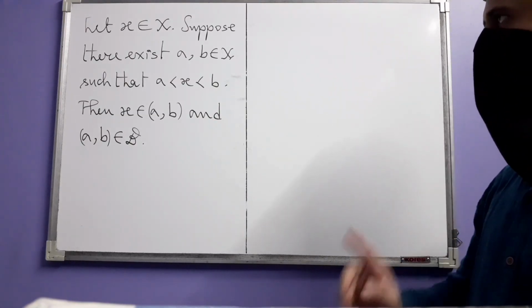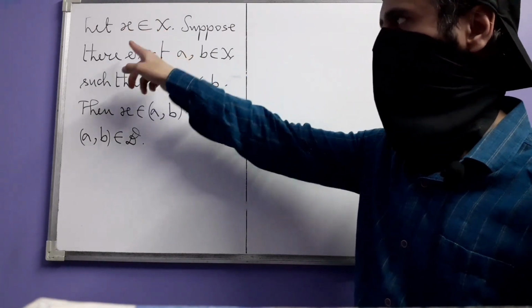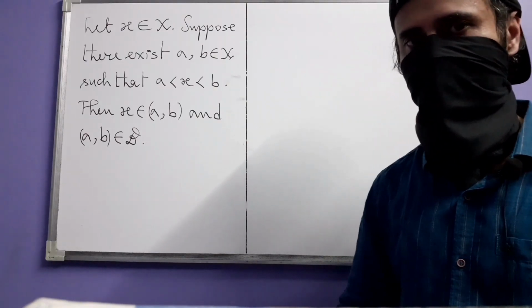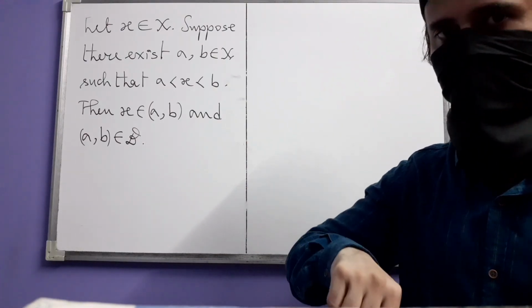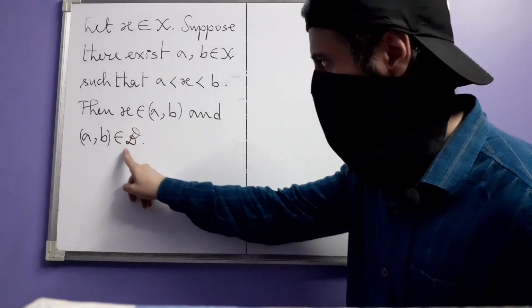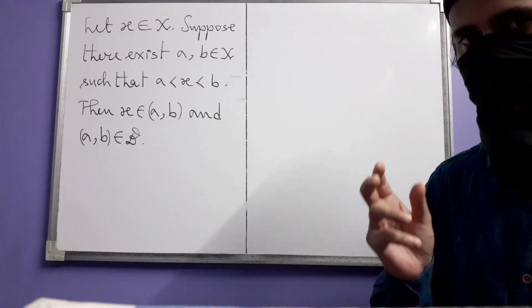The first of them says that if we choose any point x in X, then that x has to belong to some element from the collection B. x has to be inside that element as an element. Do not forget that the elements in the collection B are sets after all. They are intervals, but they are sets.